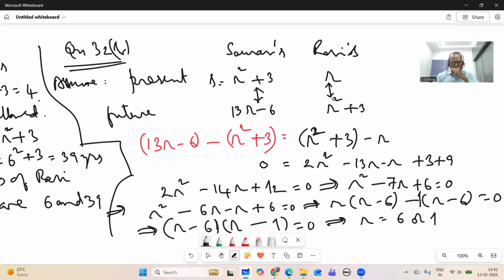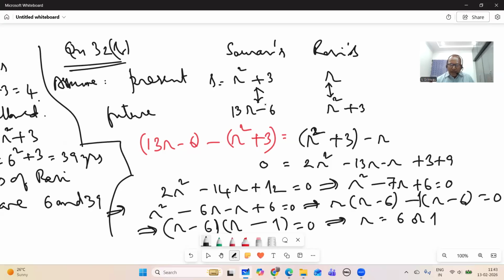Now, this is the father's age at the point of time when Ravi attains his father's present age. Means at this point of time Ravi is attaining, after 3 years, the age which is his father's present age. At that point of time Saurav's age becomes this much.